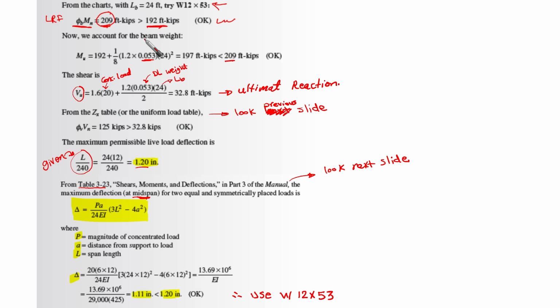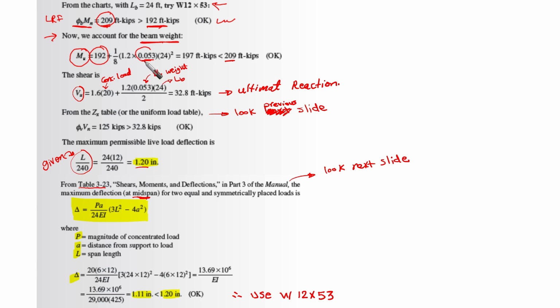Now we are going to consider the thing that we have neglected in the beginning, which is the beam weight, right? So we are going to say Mu equals 192, the moment coming from the live load that we have already explained before, and then we are going to calculate the moment coming from the dead load, which is the weight.